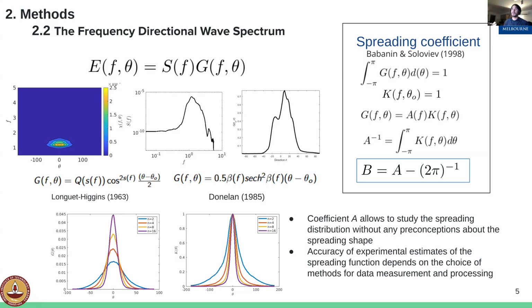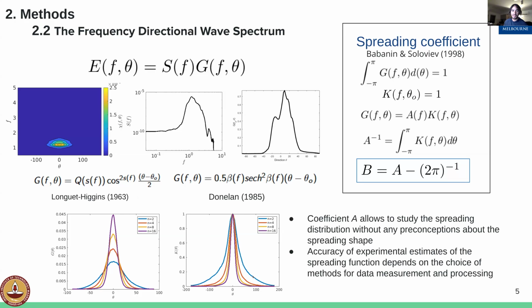The thing is, when we use parametrizations like cosine and hyperbolic secant, we impose certain constraints on the shape of the spreading, and in real life scenarios, the shape does not always come out as pretty as this, right? For example, this one on the top is taken from the ocean, and we can see that the shape is not as pretty. So to analyze the spreading, we use the spreading coefficient, which is basically the integral of these functions.